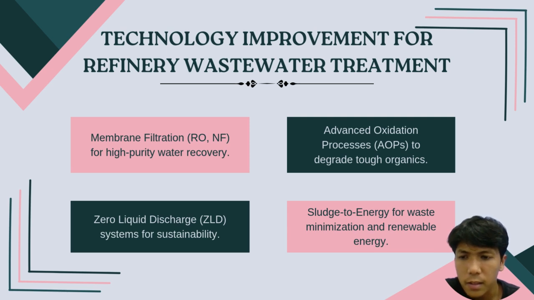This technology system recovers nearly all wastewater, and it can minimize liquid discharge and enhance sustainability while complying with strict environmental regulation. For the last, sludge to energy, for waste minimization and renewable energy. This method, such as anaerobic digestion and sludge to energy process, converts organic sludge into biogas, which serves as a potential source of renewable energy.